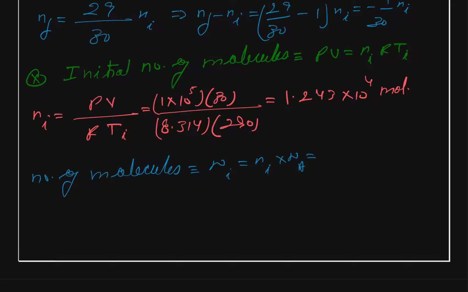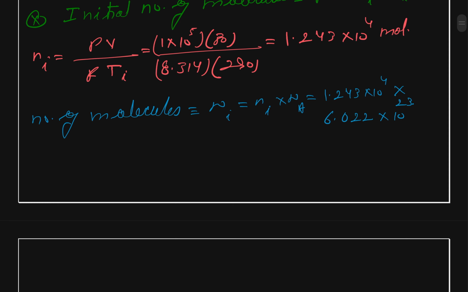So this comes as 1.243 into 10 to the power 4 multiplied by 6.022 into 10 to the power 23. So we get the number of molecules initially is equal to 7.485 into 10 to the power 27.